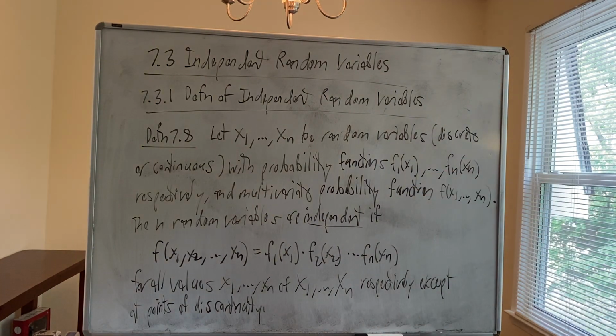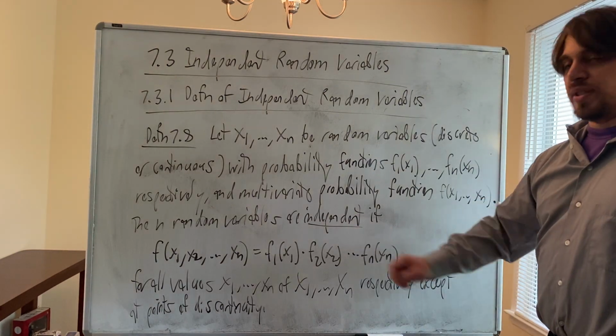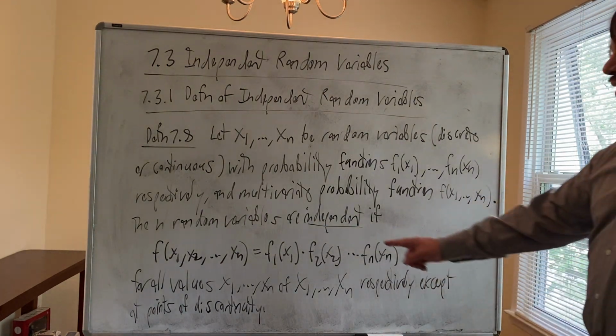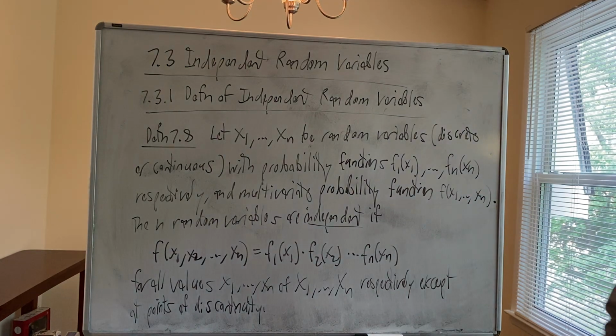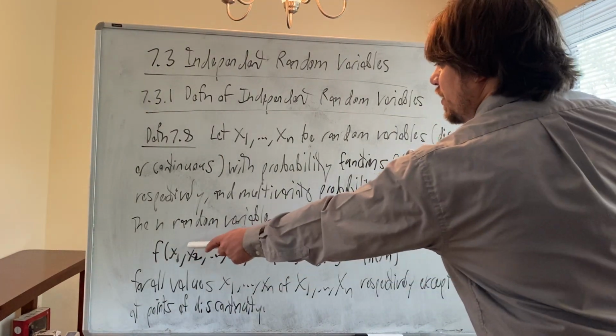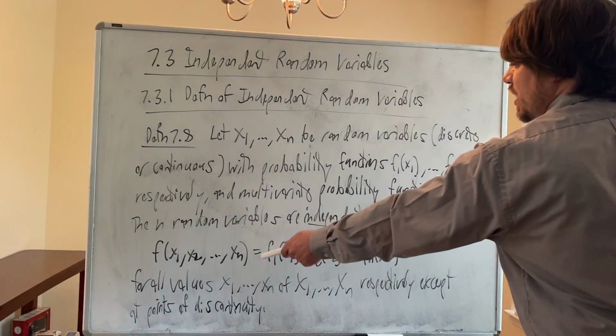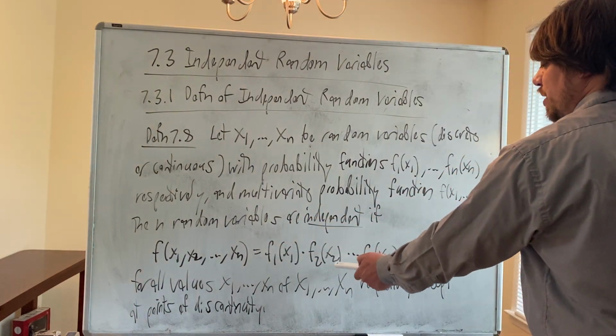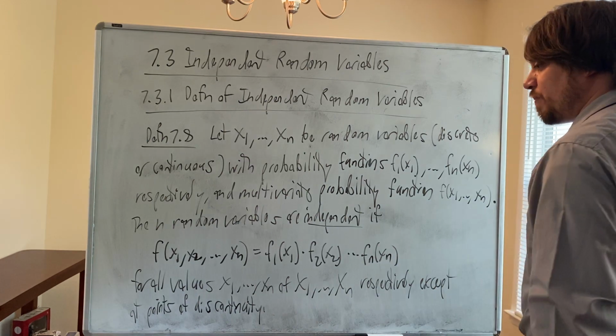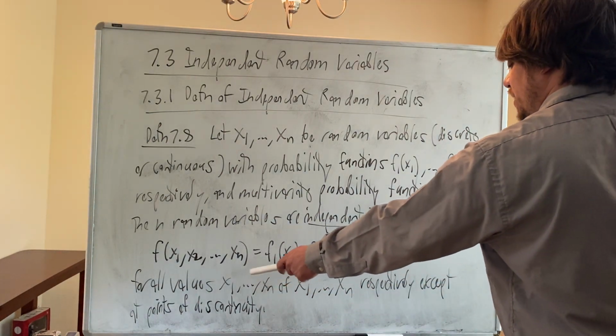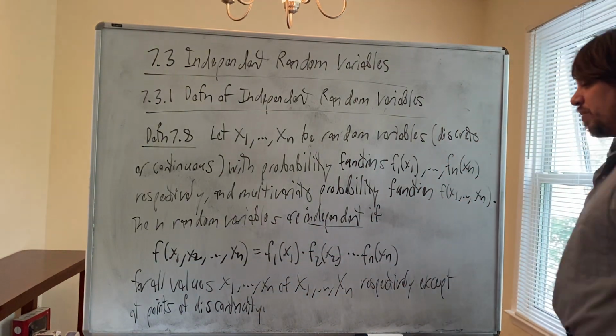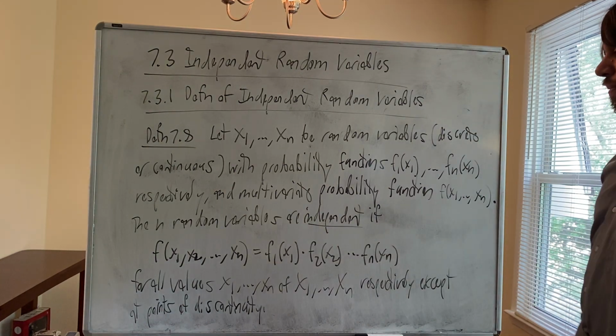The n random variables are independent if, so I underline independent because that's what we're defining here. It's a definition of n random variables being independent. So they're independent if f of x1 to xn is equal to f sub 1 of x1 times f sub 2 of x2 times dot dot dot times f sub n of xn for all values of x1 to xn of capital X1 to Xn respectively, except at points of discontinuity.